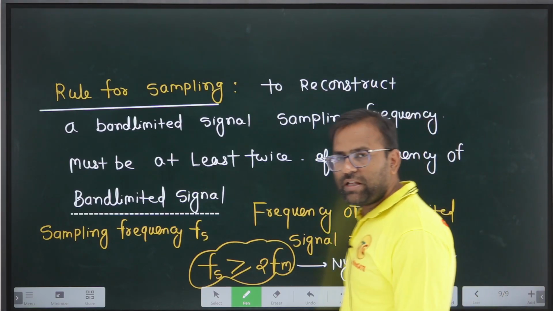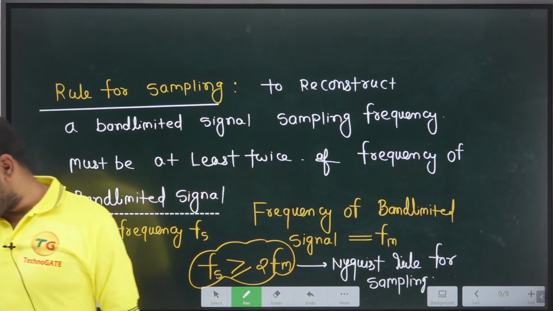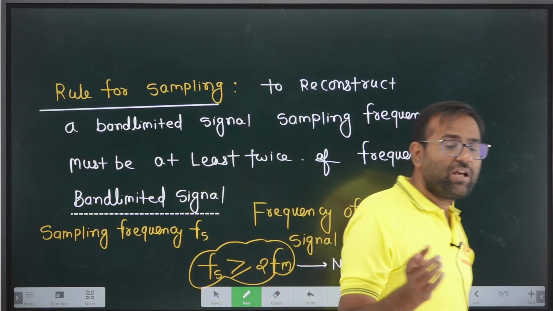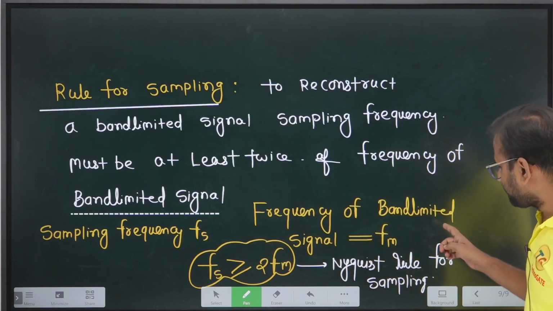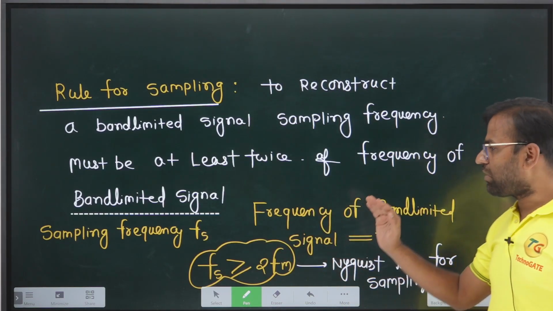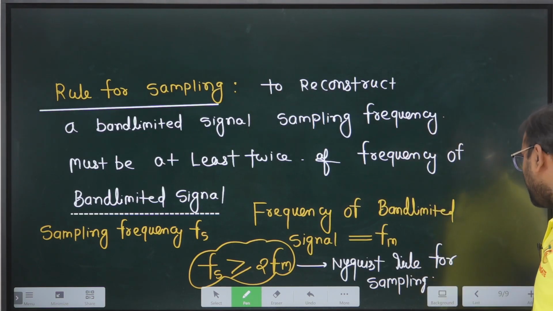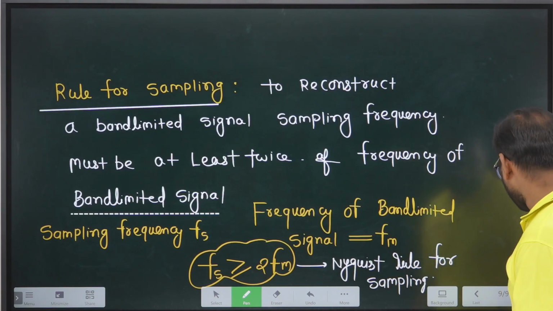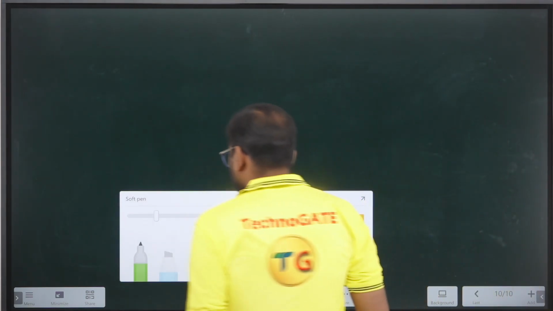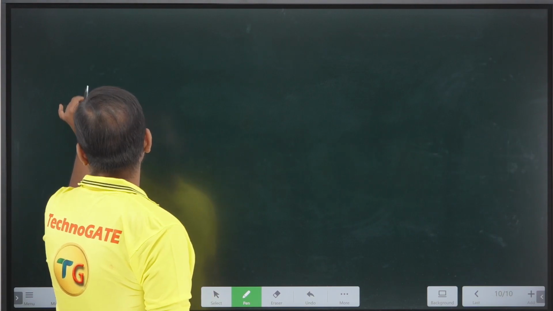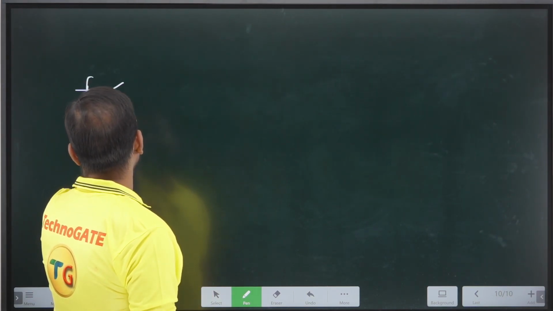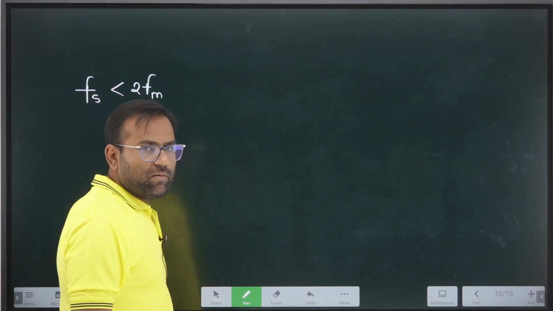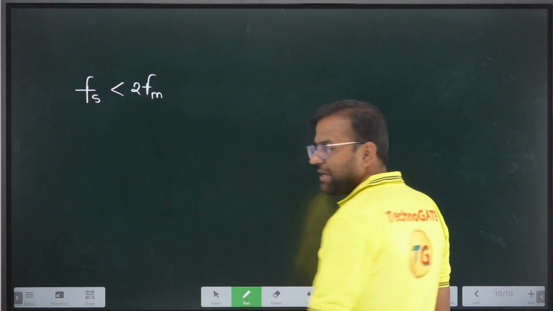So if you want to reconstruct a band limited signal, sampling does not have any restriction by itself. The restriction is because to convert a discrete signal to a continuous time signal, the sampling frequency should be greater than or equal to twice Fm. If the sampling frequency is less than twice Fm, it is not obeying the Nyquist rule.